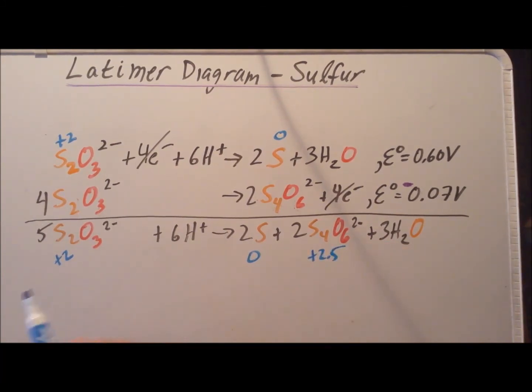So we see that some of the sulfur in the thiosulfate, 2 of those, are reduced from +2 to 0, whereas 8 of them are going to be oxidized from +2 to +2.5. So here we actually see the simultaneous oxidation and reduction of one element, which is sulfur.